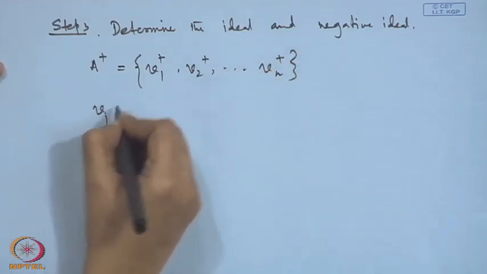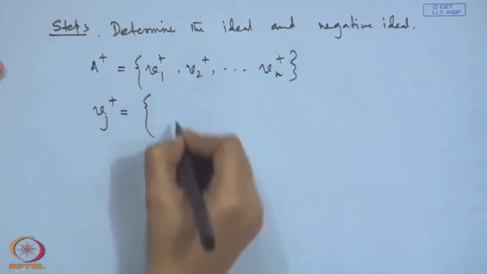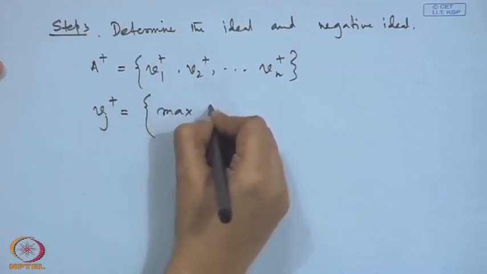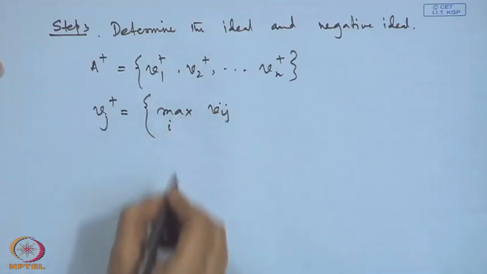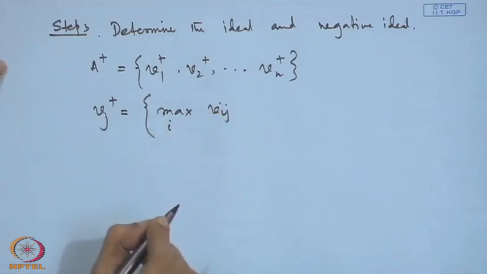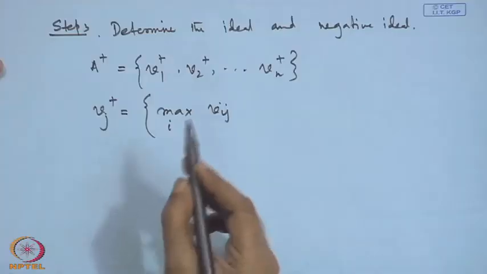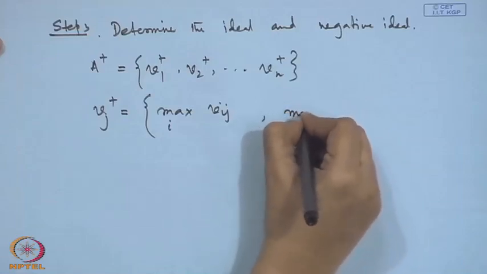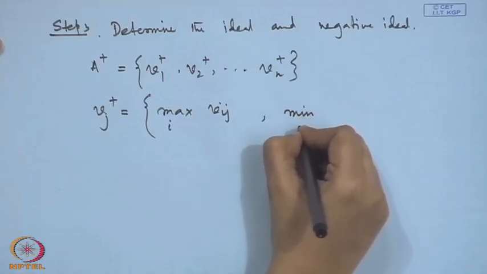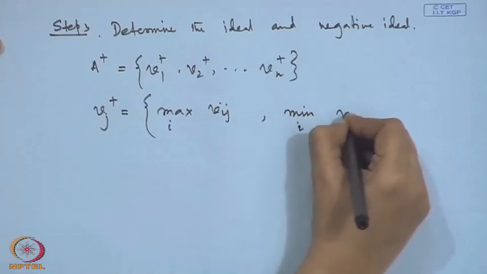Here we consider Vj plus equal to max of Vij for the benefit attributes, because we want to maximize the objective function for the benefit attributes, and for the cost attributes we will consider the minimization of all.